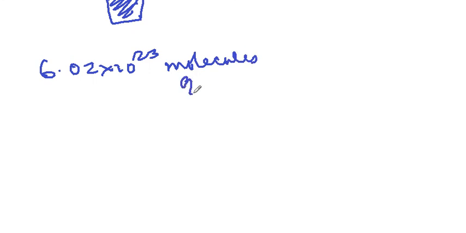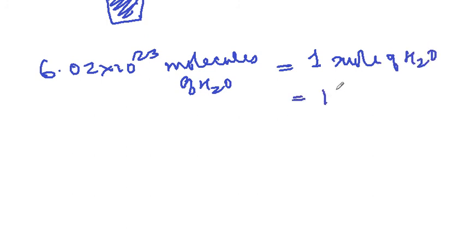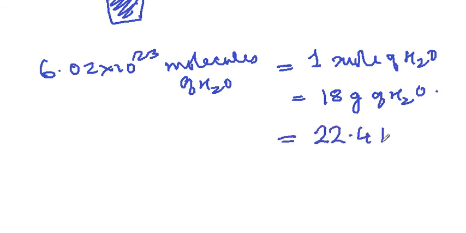So what we understand is 6.02 into 10 to the power of 23 molecules of water is the same as 1 mole of water. The water molecular mass is 18 gram of water, and this many molecules of water, its volume is 22.4 liter.